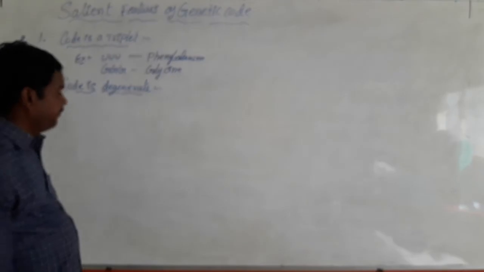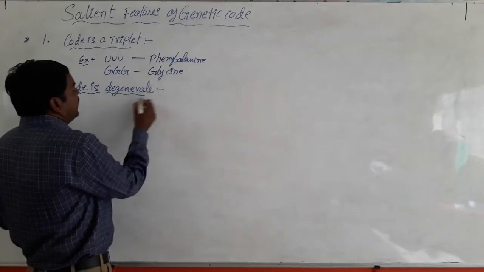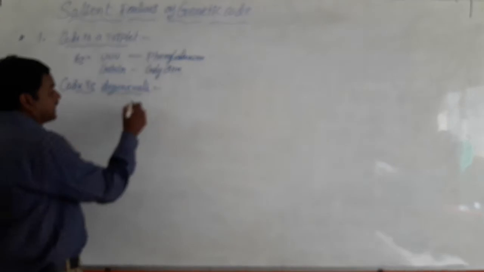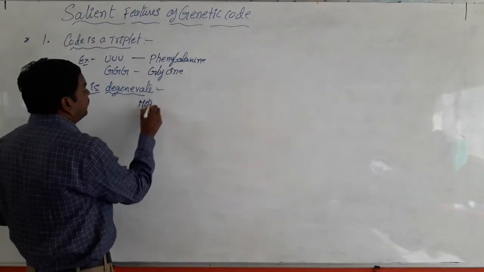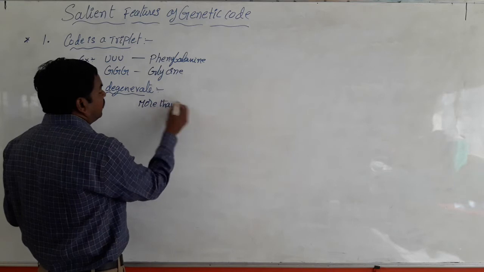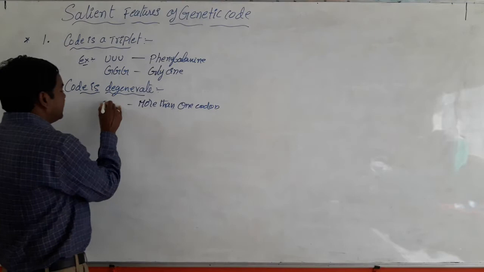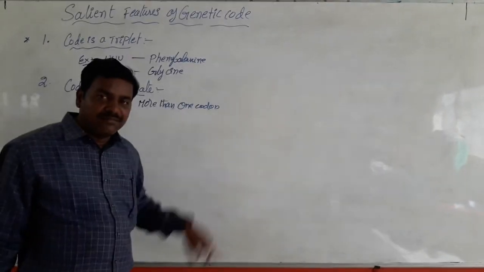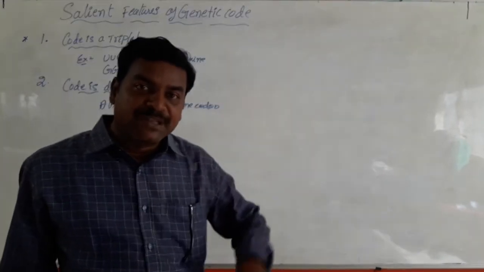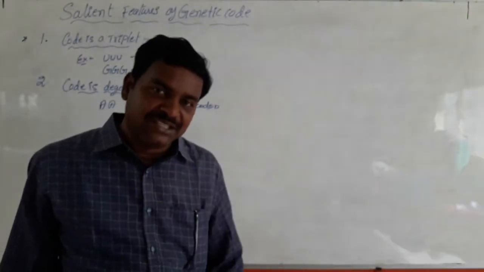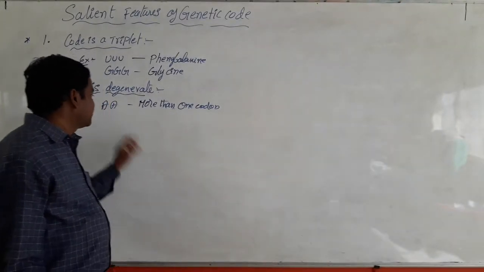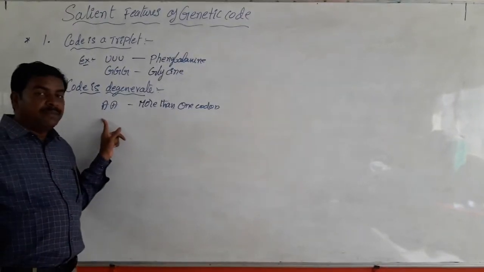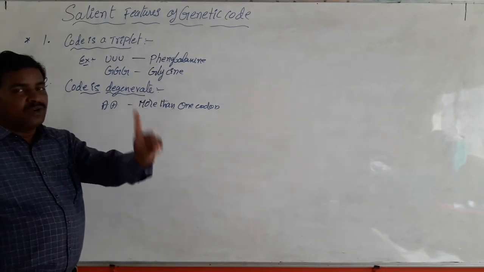The number of codons is much more than the number of types of amino acids. Because of this reason, sometimes a single amino acid may be recognized by more than one codon.